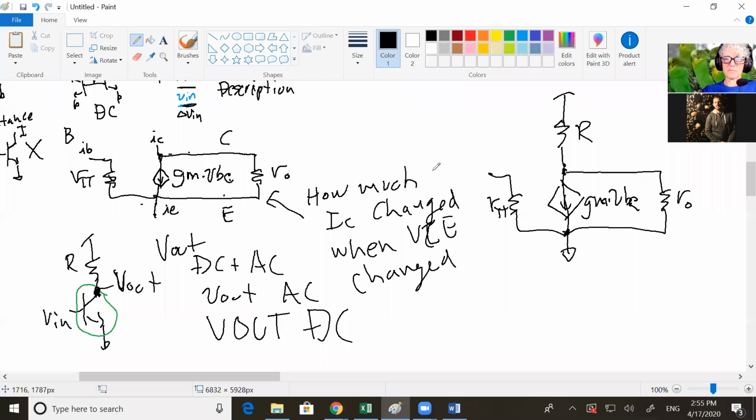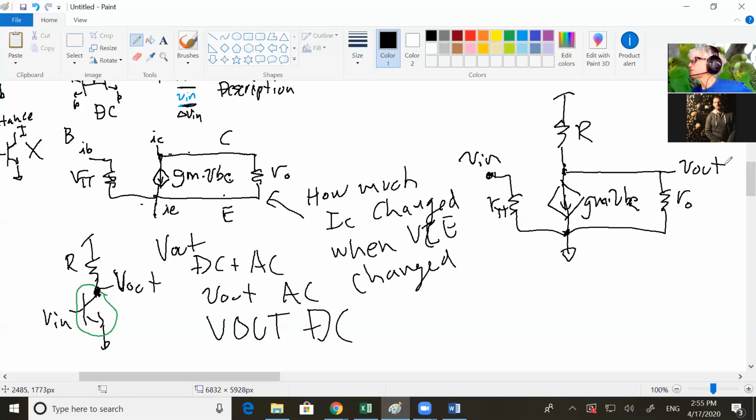Okay. And then you look at the base. This is the base. What signal is the base connected to here? In. And since we're only caring about the moving parts, it's all lowercase. And then the Vout is on the collector. So there's your new picture of your amplifier.